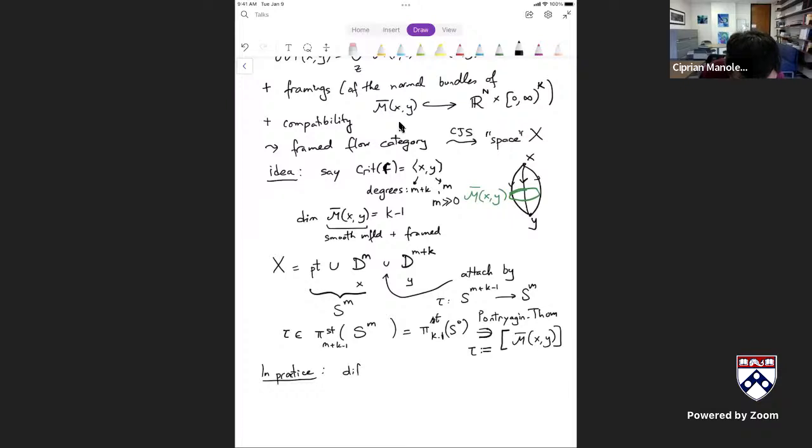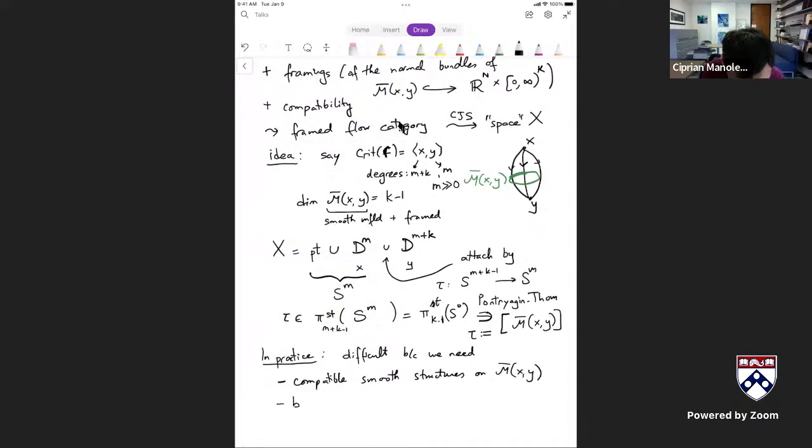It's difficult for several reasons, because we need compatible smooth structures on these manifolds with corners. And these should exist, but just the analysis is hard, and it hasn't been done in many cases.